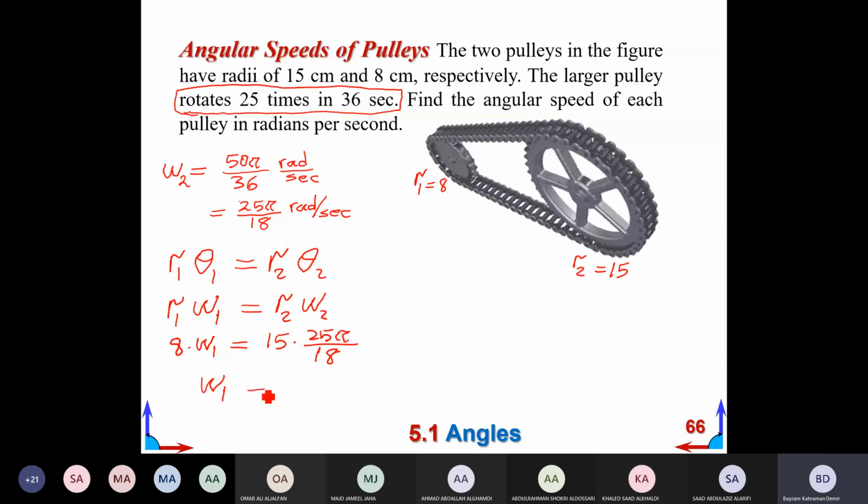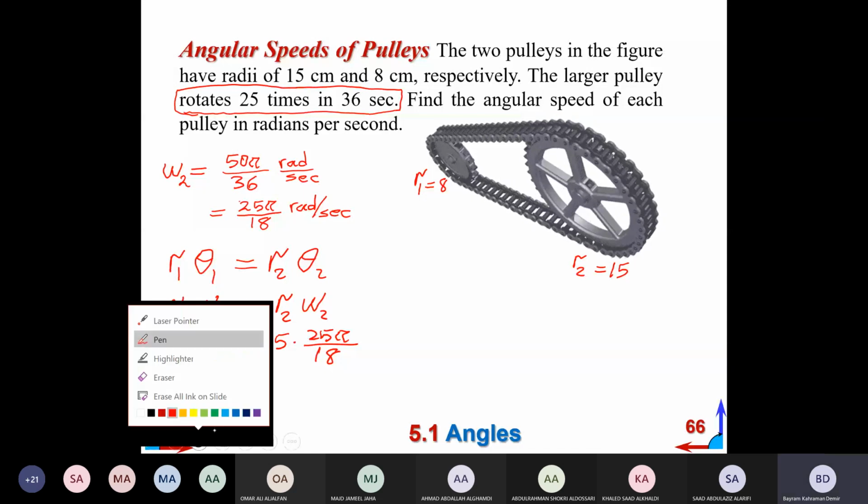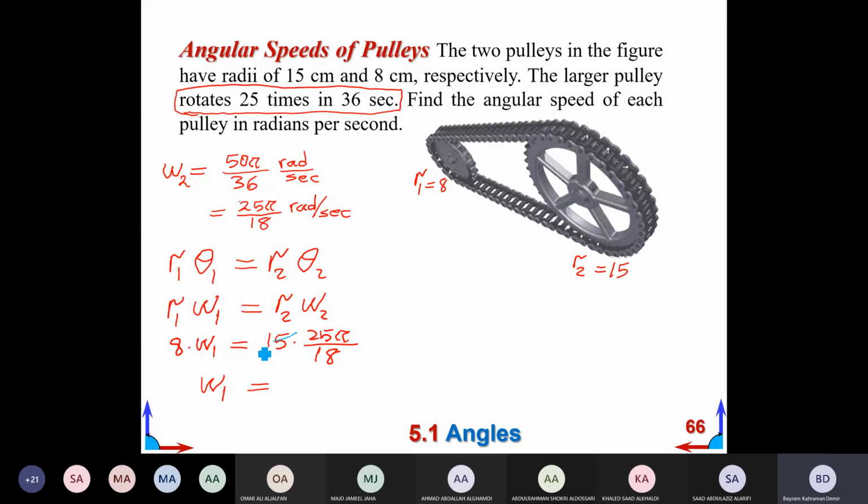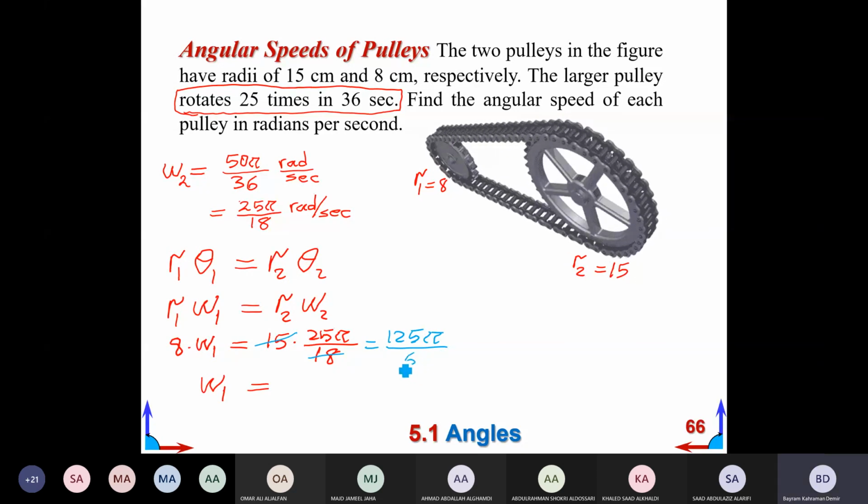So omega 1 is equal to, well, let me simplify. 15 and 8 divided by 3, so it is 5. 5 times 25 is 125 pi, divided by 6, right?